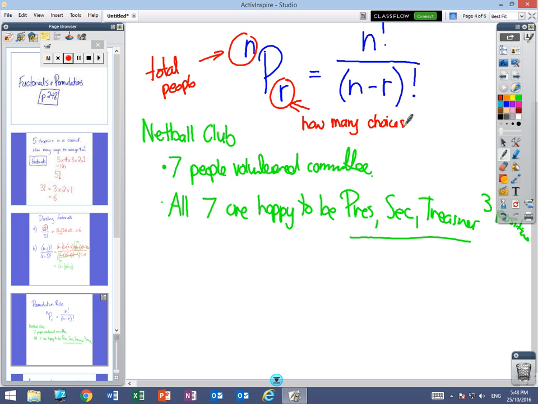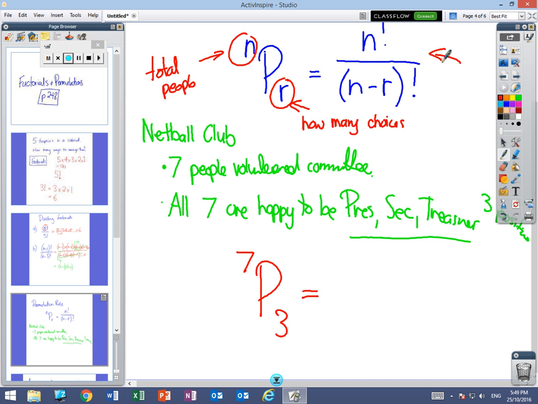So I'd rewrite it like this: 7P3. There are 7 volunteers. How many different ways can we arrange 3 of them?